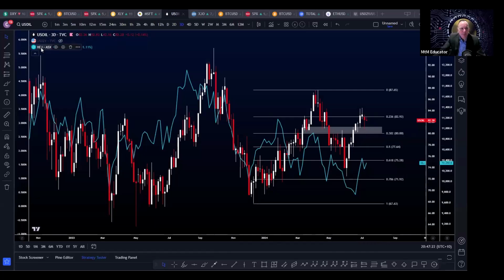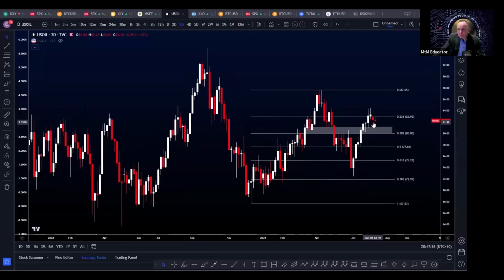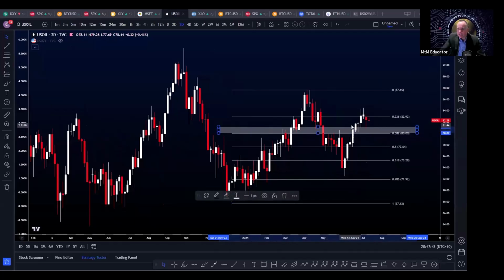It's really going to be interesting to see what the CPI numbers do to commodity prices, including petrol prices. So oil prices, sorry. This is at a key level. We've got this range over here between 80 and 81. Above that is bullish for oil. Below that is quite bearish for oil.